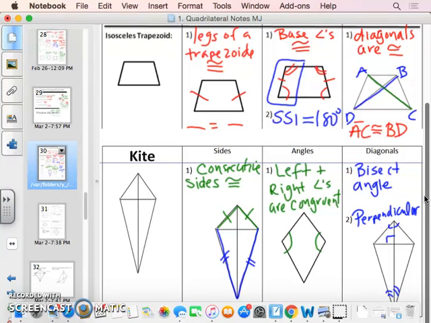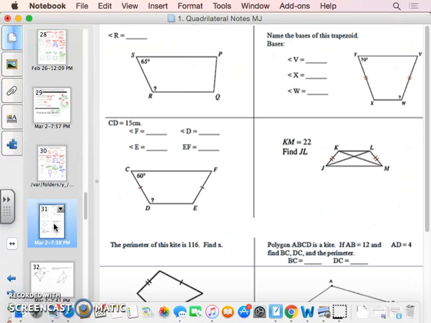Now, these two sides are also going to be congruent to each other. So they bisect one side, they bisect the angle, and they're perpendicular to each other. All right, let's dig in. Let's apply these properties to solve some problems.